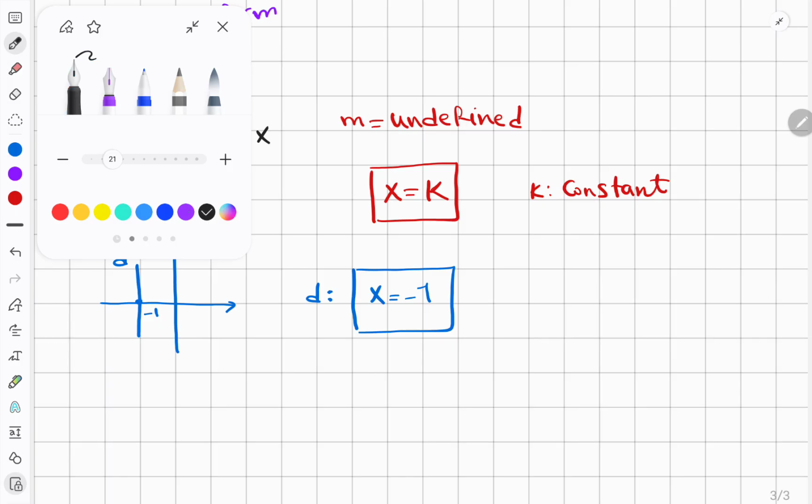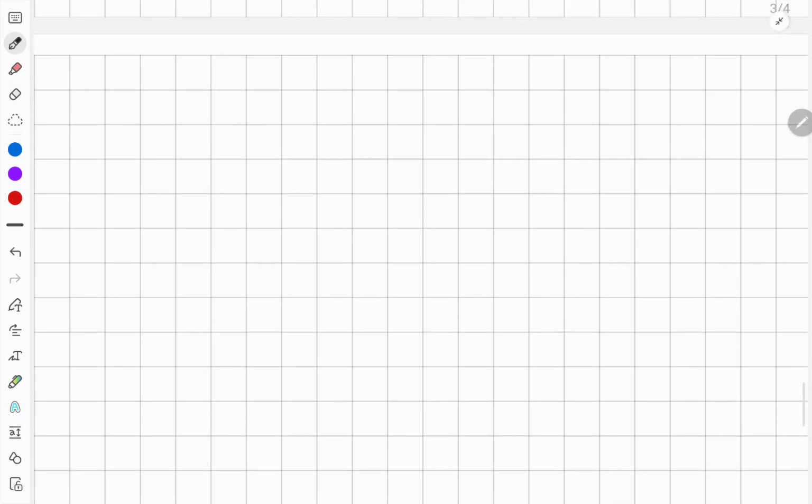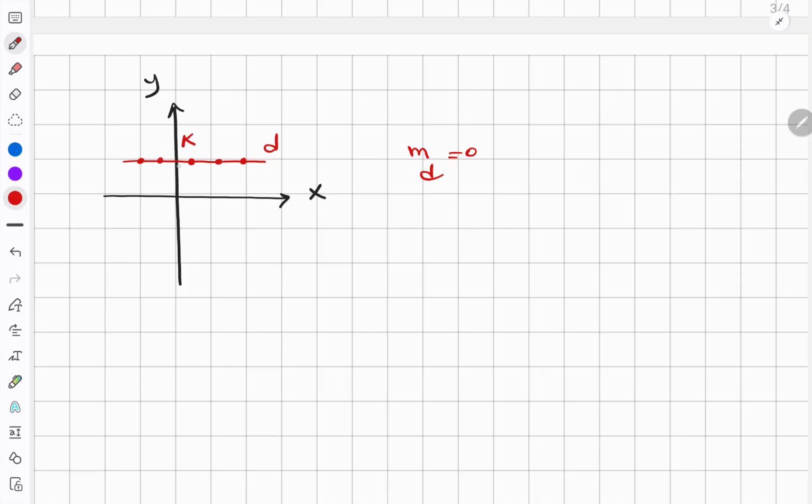And how about horizontal line? A line like this. Okay, and call this D. And we know that the gradient of line D is 0. We talked about it before. So we can see that there are an infinite number of points lie on line D, and the y coordinate of all of these points is this number, which can be k.